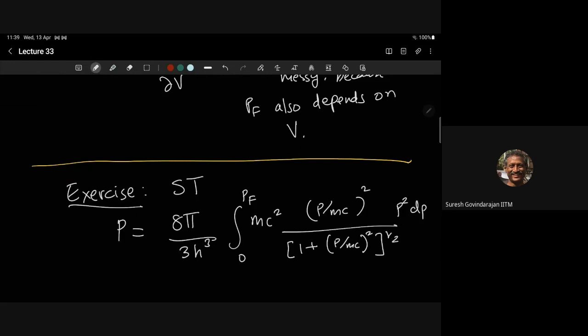So now we have expressions for the pressure and the energy.